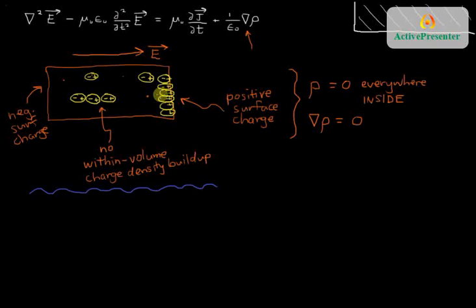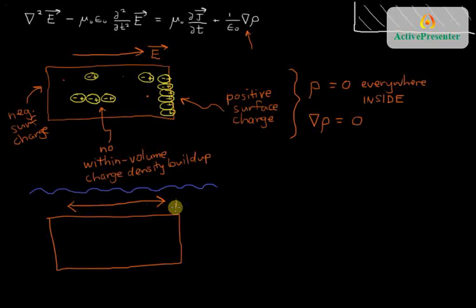Let's consider whether there's charge flow. So let's draw that same chunk of glass again. And let's remember now the electric field is actually oscillating back and forth in time. We've got some electric field as a function of time, which goes as e to the minus i omega t.